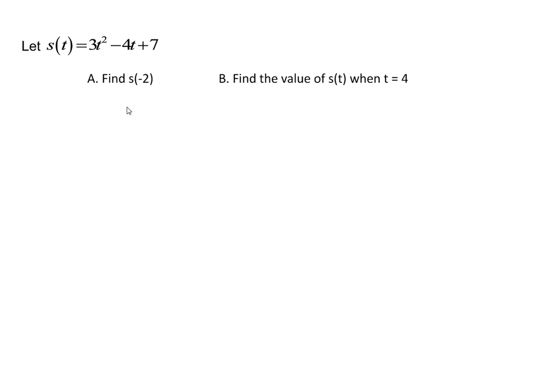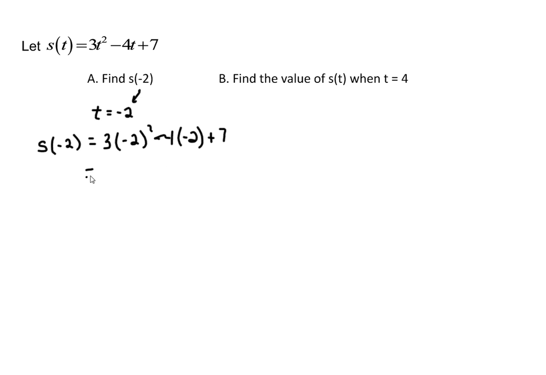When we say find s of negative 2, that means anywhere we see t, we replace it with negative 2 and evaluate the result. So we take 3 times the square of negative 2, minus 4 times negative 2, plus 7.